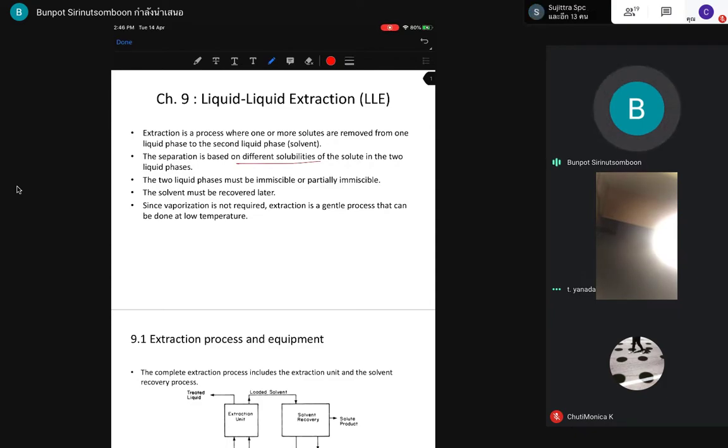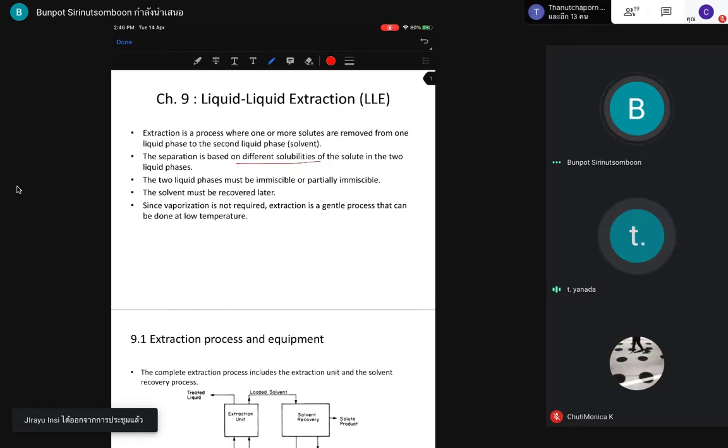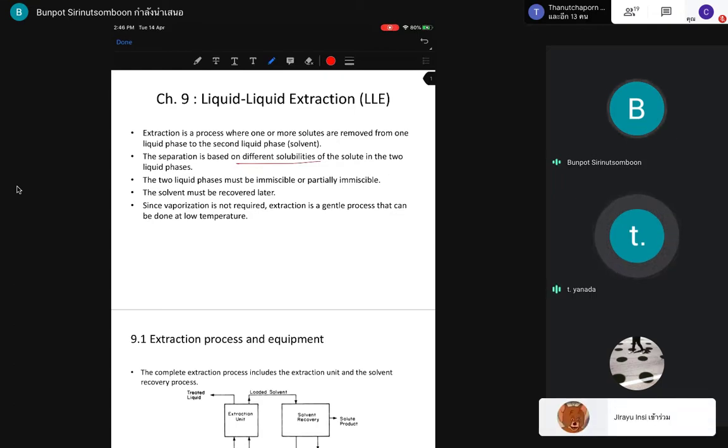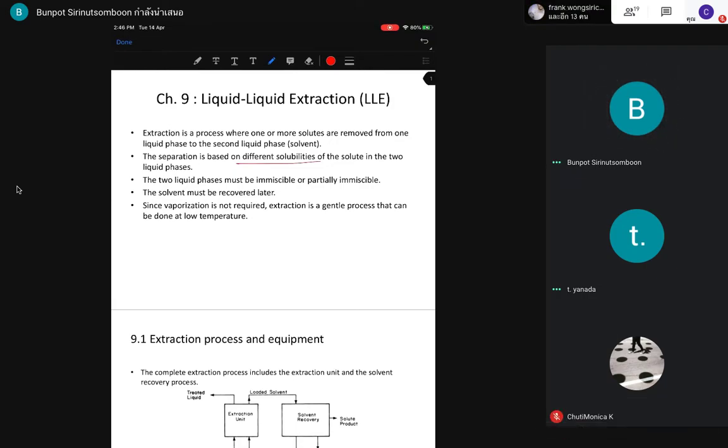Of course, we want to select a solvent that allows better solubility of the solute, so that the solute can transfer from the diluent to the solvent.